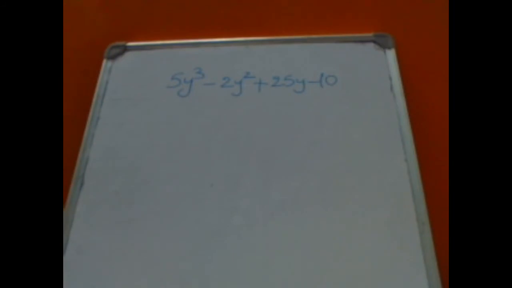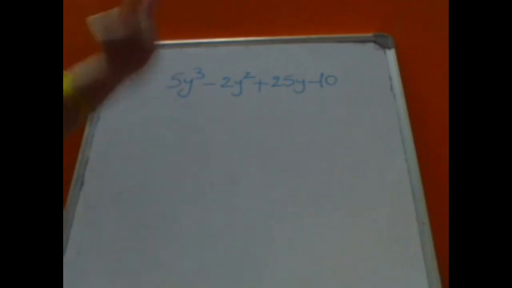So we need to group the terms. In the first example we grouped the first 2 terms and the last 2 terms. There is no hard and fast rule that we have to group in that way only. You can group it in any way so that you can take the common factor later.